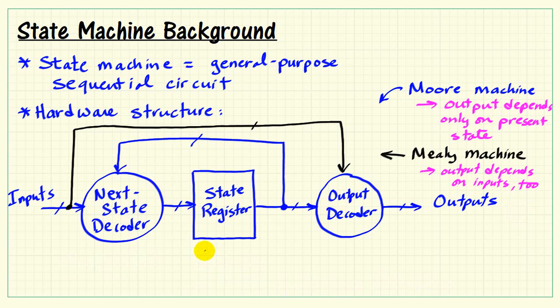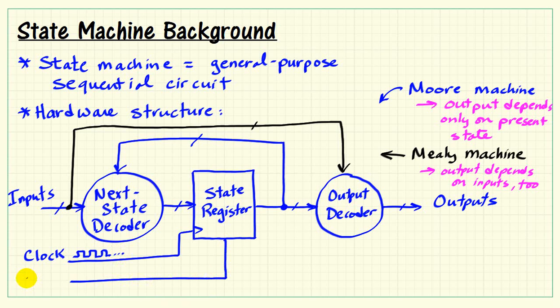Now the state register normally is connected directly to our system clock waveform. This would be a repetitive type waveform. And on each edge of that clock waveform, the state register updates its value, which is presented by the next state decoder. It also includes a reset input, and this forces the state register to an initial state.